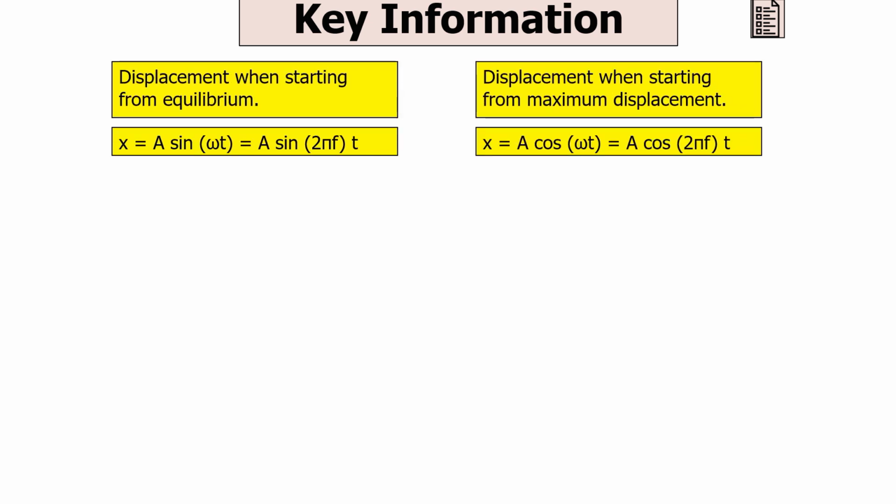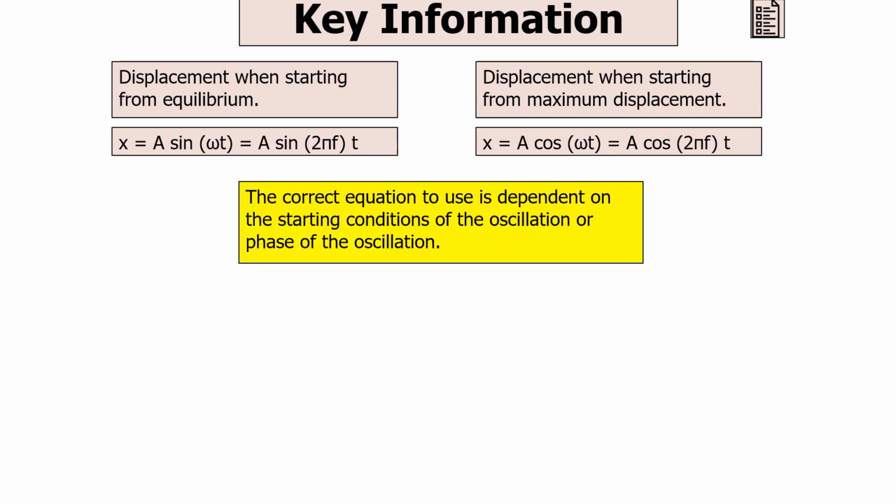So to clarify, to work out the displacement when the oscillator started its cycle at equilibrium, we would use x is equal to A sin omega t, whilst the displacement when starting from the maximum displacement is x is equal to A cos omega t. The correct equation to use is dependent on the starting conditions of the oscillation or the phase of the oscillation.